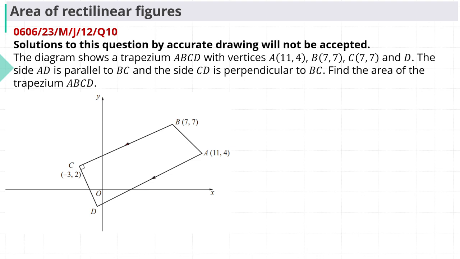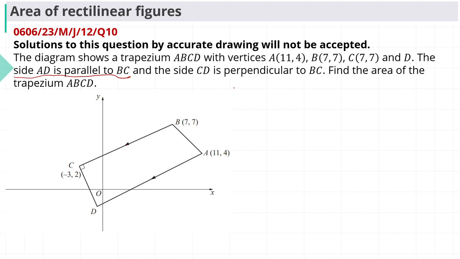Okay. Finding the area, coordinates of D is not given. We need to find coordinates of D, so we use the shoelace method to find the area. How do we find coordinates of D? Let's start making use of the information we are given. Side AD is parallel to side BC.